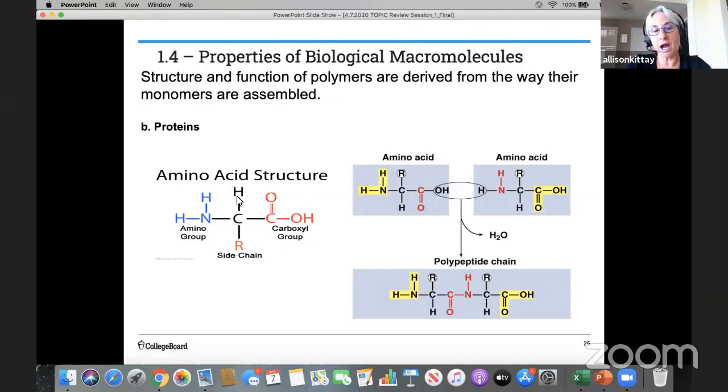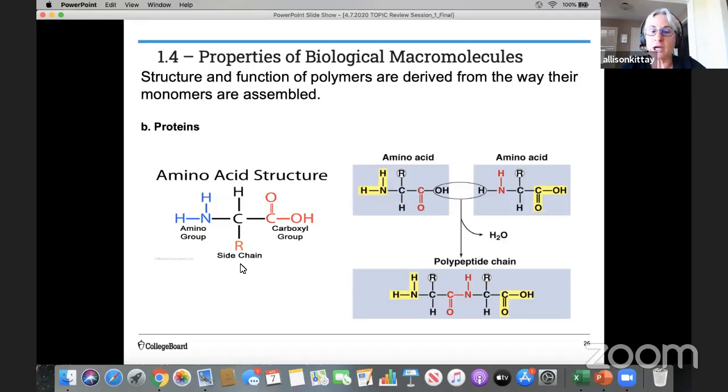Then it's got a hydrogen that takes up its third covalent bond, and the R group is the side group. This is interchangeable. So each of the 20 naturally occurring amino acids has a different R group, and that will determine the characteristics of that amino acid. It can be simple like a hydrogen, which is the case of glycine, or it can be a complicated ring structure, which you might see in an amino acid called phenylalanine.